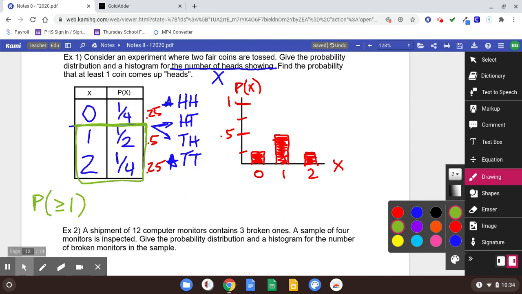Probability of greater than or equal to 1 heads showing up is going to be 1/2 plus 1/4. That's 2/4 plus 1/4. That's 3/4. And you can see the same thing over here in the histogram. You'd add 0.5 plus 0.25 to get 0.75. It's the same thing.